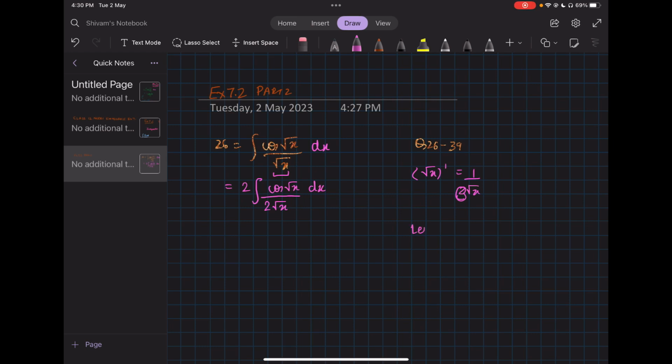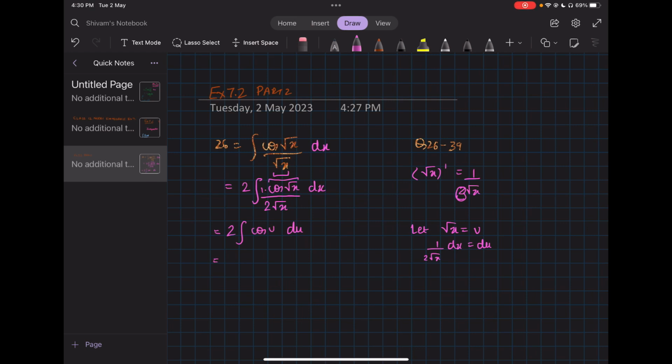Okay, then we'll let root x be u. That gives us 1 over 2 root x dx is du. And we can see that there's a 1 hidden right here. So there's a 1 over 2 root x dx in the question. So we can replace that by du, and of course cosine of root x becomes cosine of u.